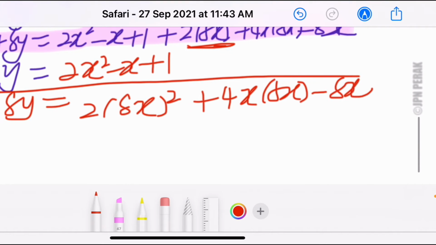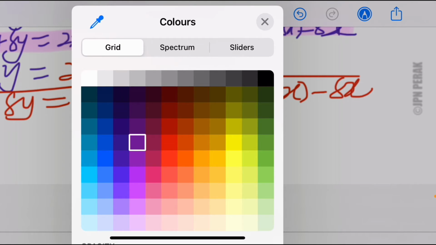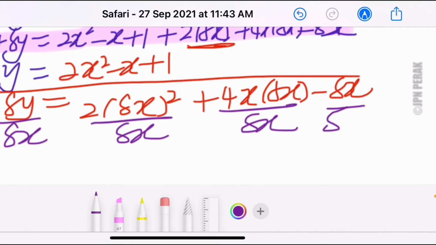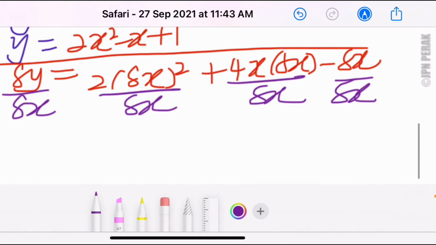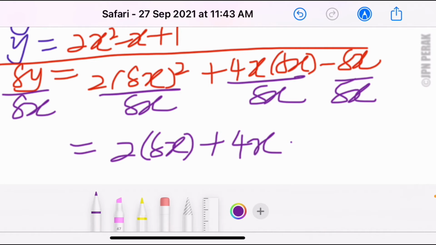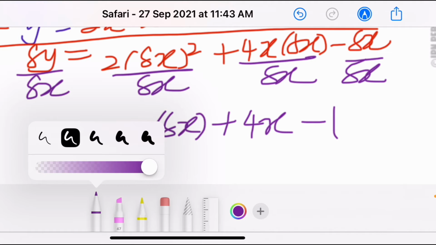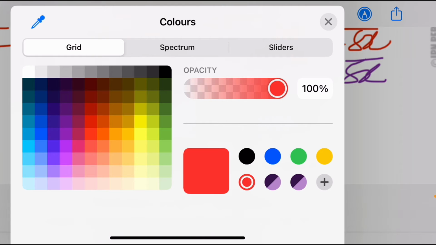Finally we have to divide by delta x for every term, because the definition of dy/dx is delta y over delta x. So after simplifying, we get 2 delta x plus 4x minus 1. Finally we apply the concept of limit.